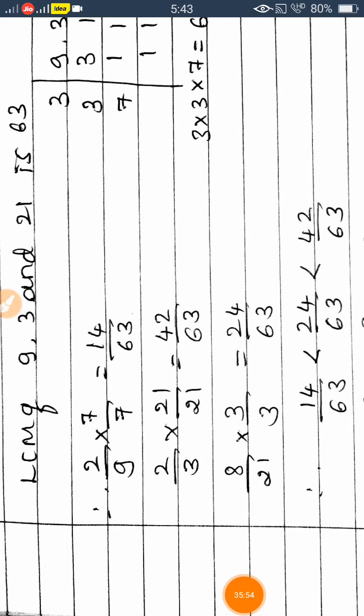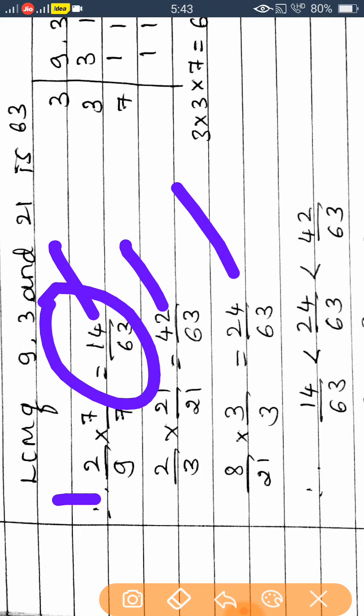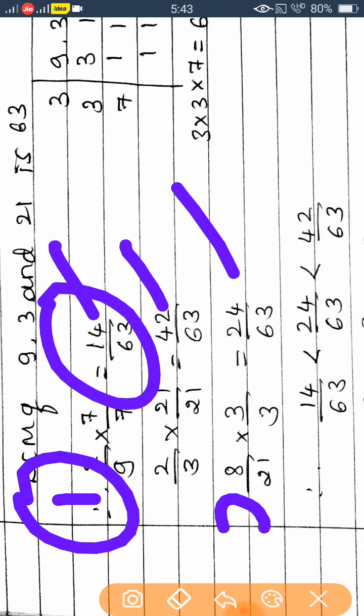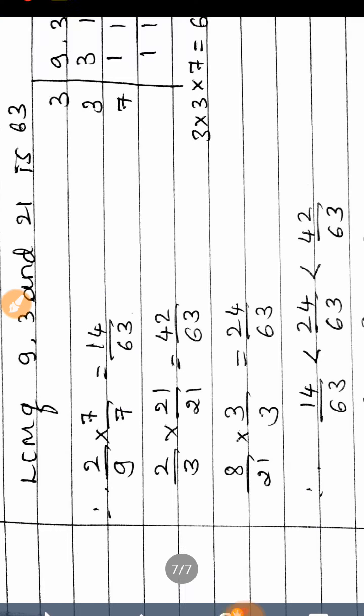So now we have written the equivalent fractions of the given fractions, making 63 the denominator. Now compare the numerators. So it is 14, it is 42, it is 24. First 14 will come, second 24 will come, and third this one will come. So actually which are those numbers?